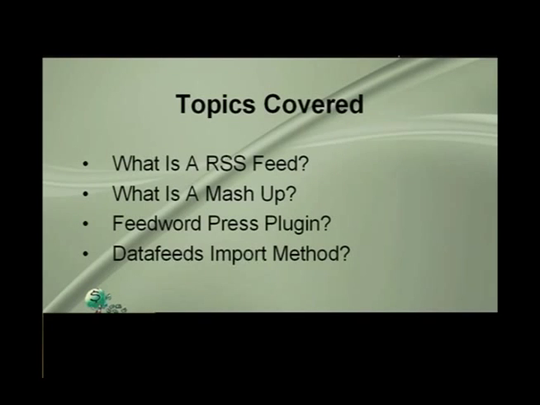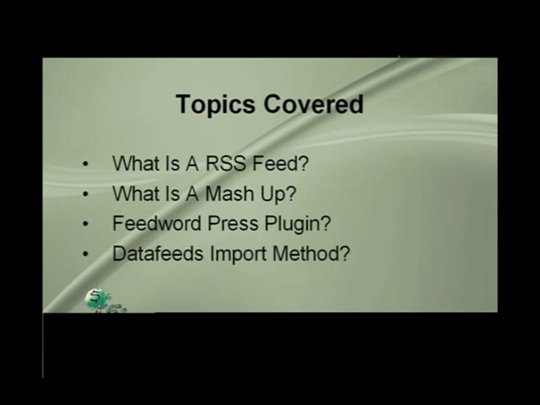A mashup is when you take a few RSS feeds and mix them up in a random order, and then create a new RSS feed from that random content that you grabbed from other blogs or websites, so it's unique content according to Google's algorithm.